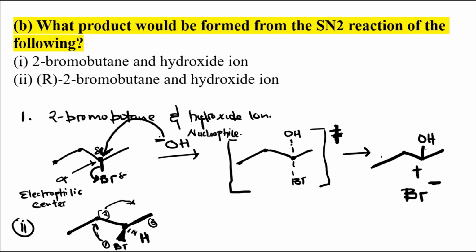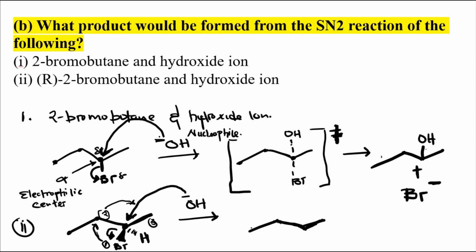This (R)-bromobutane is going to react with hydroxide. This hydroxide is going to attack there, this hydrogen is going to attach here, and the bromine is going to leave. So what will be formed is this. Now, the substrate that reacted was R, and the product that is formed is supposed to be S. There's always going to be a configurational change.